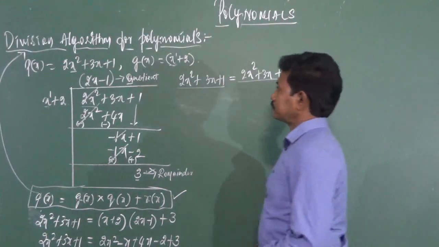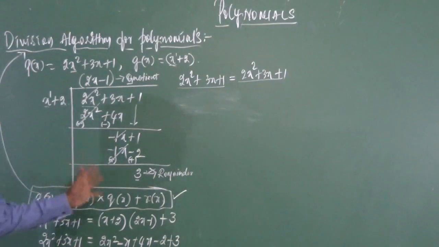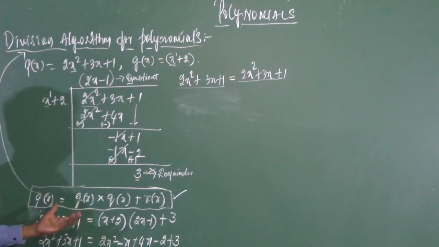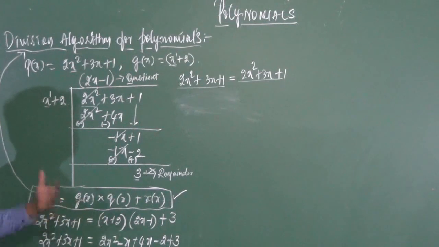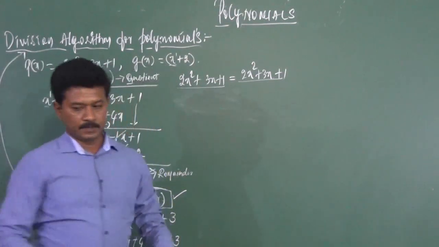So now, okay, it's a very nice thing, you learned the long division method. So here, let us take another example and let us see the next concept, how it is going to get applied. So let us take another polynomial.